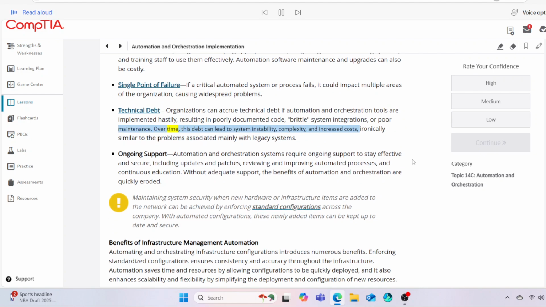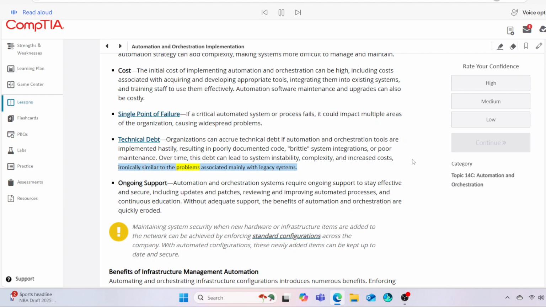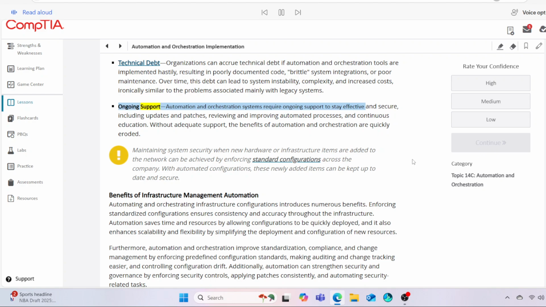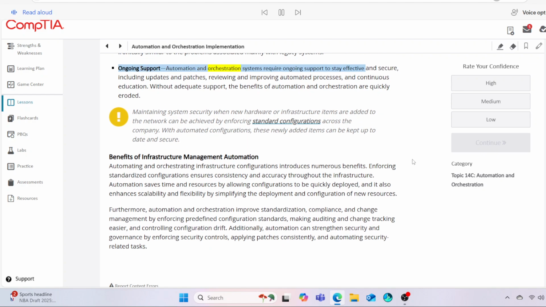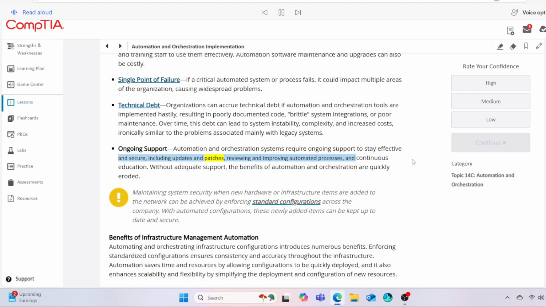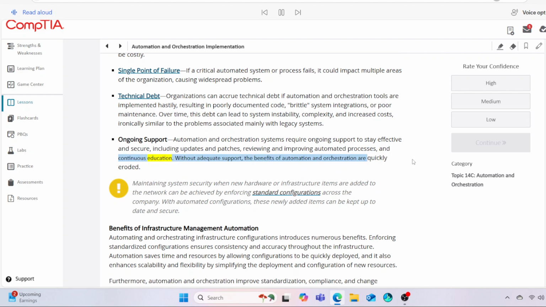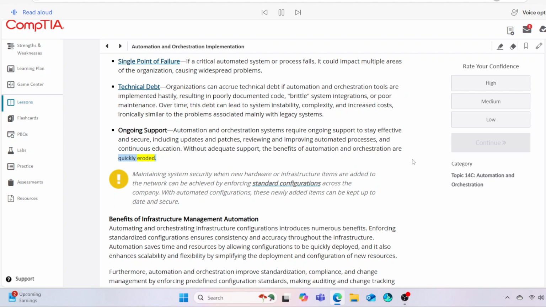Over time, this debt can lead to system instability, complexity, and increased costs, ironically similar to the problems associated mainly with legacy systems. Ongoing support. Automation and orchestration systems require ongoing support to stay effective and secure, including updates and patches, reviewing and improving automated processes, and continuous education. Without adequate support, the benefits of automation and orchestration are quickly eroded.